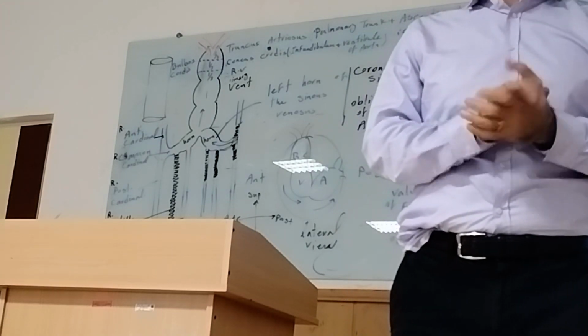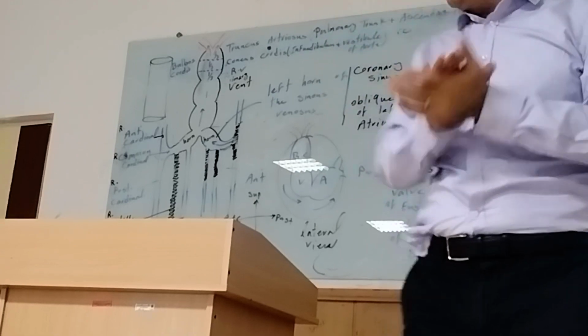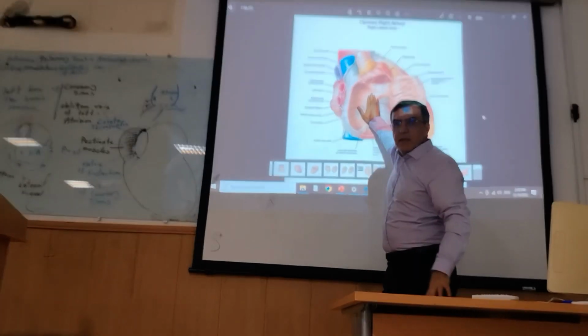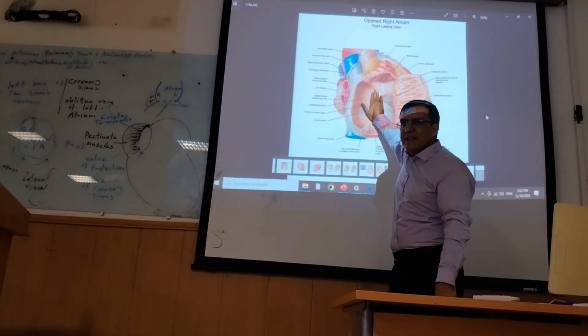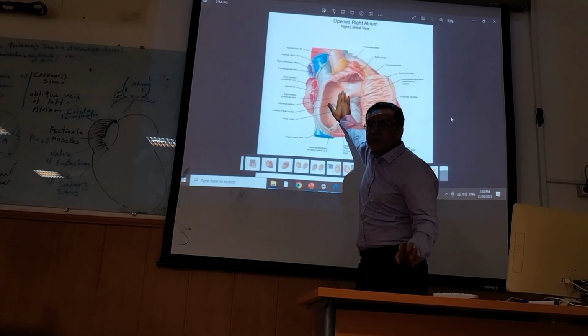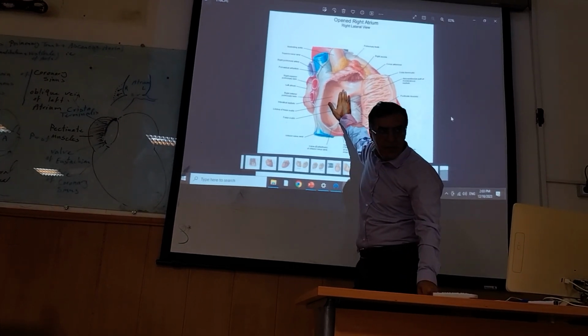Which part of the right atrium is made by the right horn of the sinus venous? The smooth part, exactly. Is it clear?